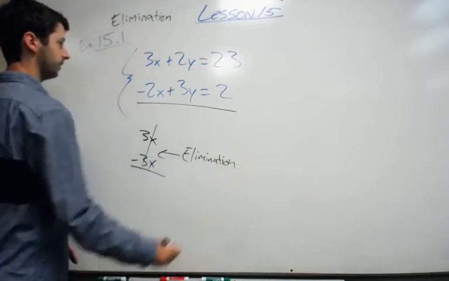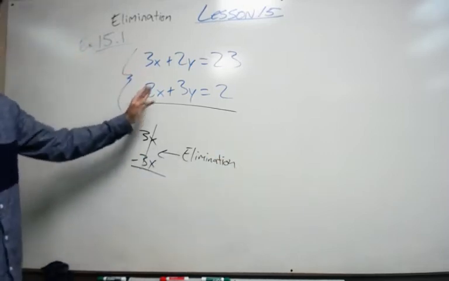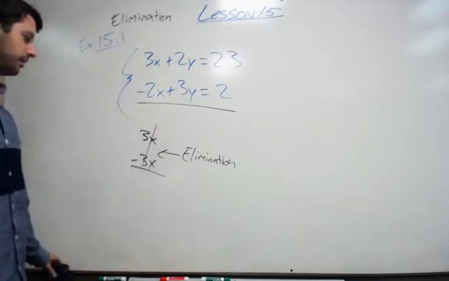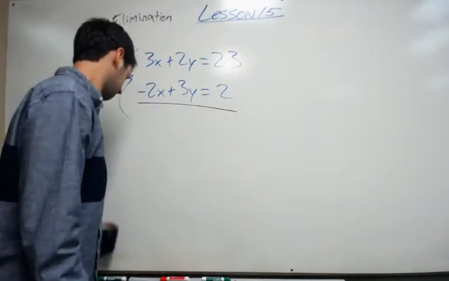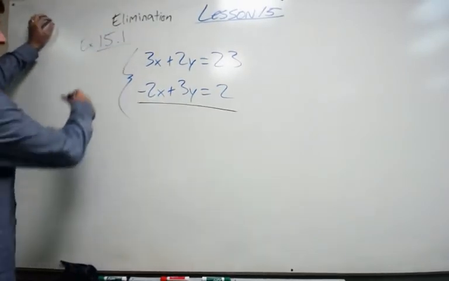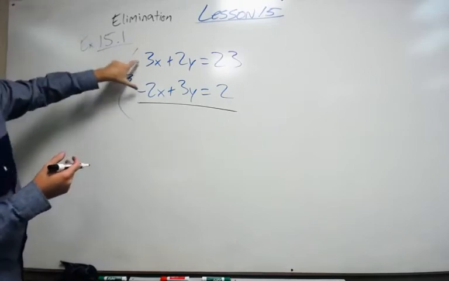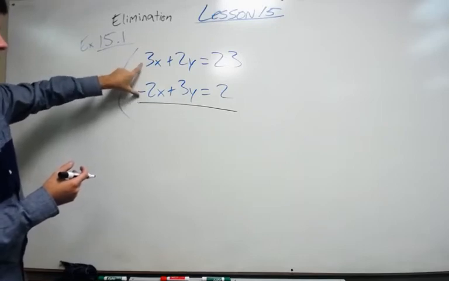Right now we have a 3x and a negative 2x. Those do not eliminate. 2y and 3y, those do not eliminate. And obviously they're not opposites. These are examples of opposites. So what we want to do is manipulate this equation. What's the least common multiple of 3 and 2?